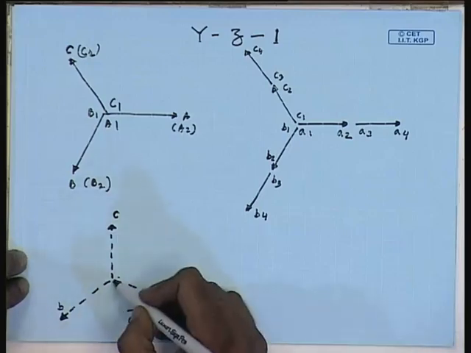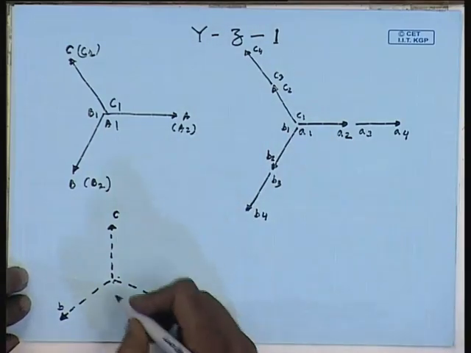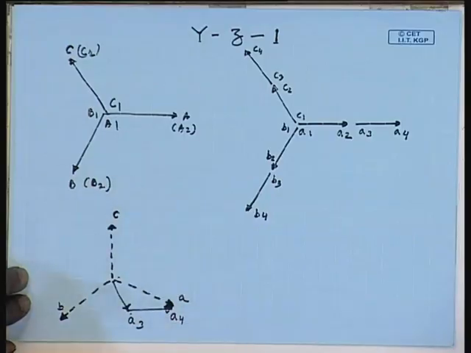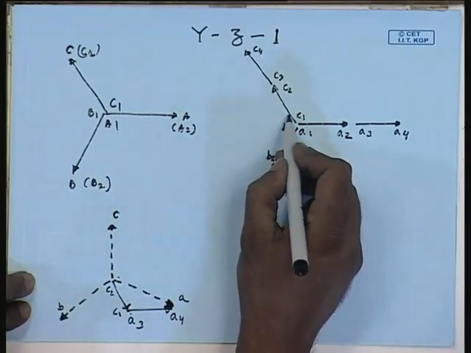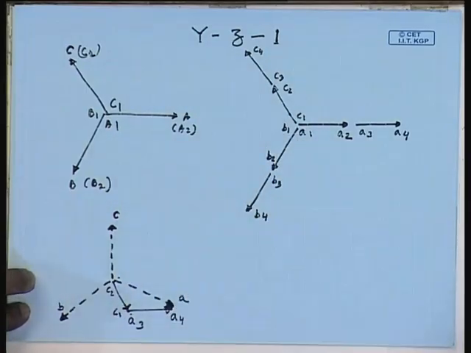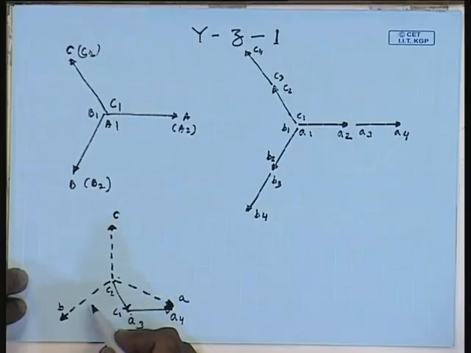Hence, what should be this one? This phasor should be like this. From here we see that it should be C1 C2, that is this is C2, this is C1, because this is in phase opposition to this. Similarly, for B phase we will have B3 B4.